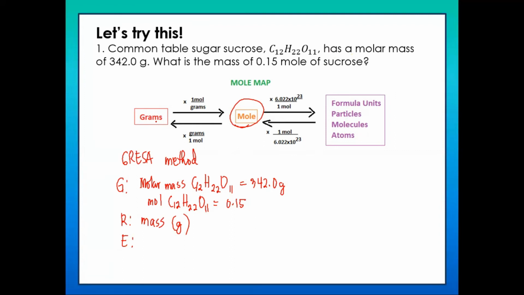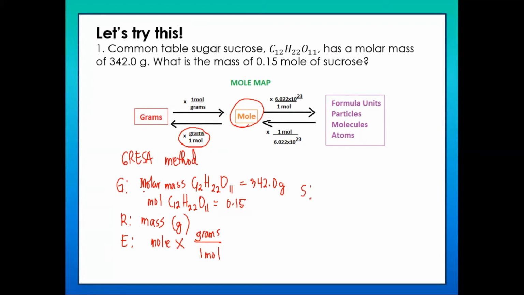So that's how we use this mole map. Okay, so mole multiplied to your grams over 1 mole. Okay, saan po galing yung 1 sir? Dito yan, in your mole map.